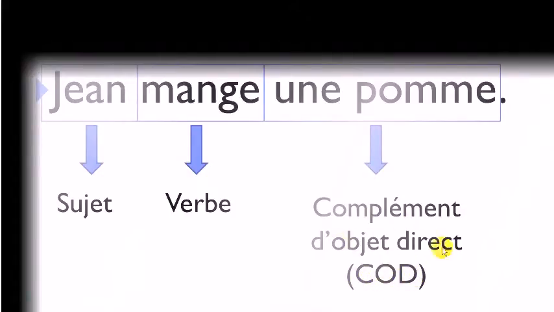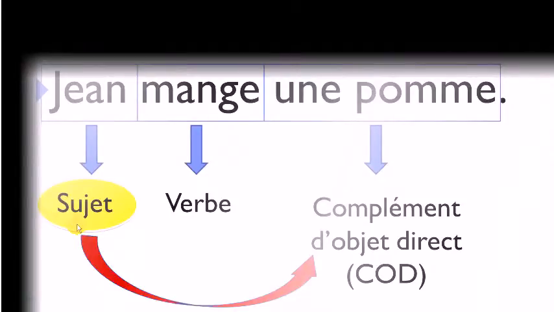Complément d'objet direct. All right, and then if you think about the sentence, normally when you've got a sentence like that, so Jean mange une pomme, well, the important thing in this sentence is the subject. For one good reason, it's just because we start with it. And as it's here in the first place, well, we tend to think that this is the most important thing of the sentence.